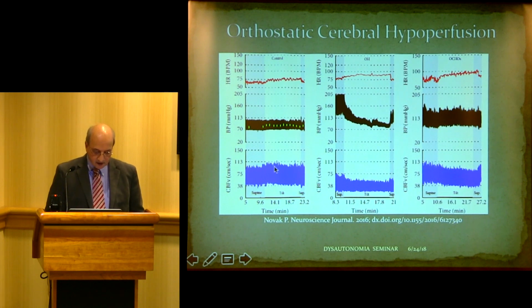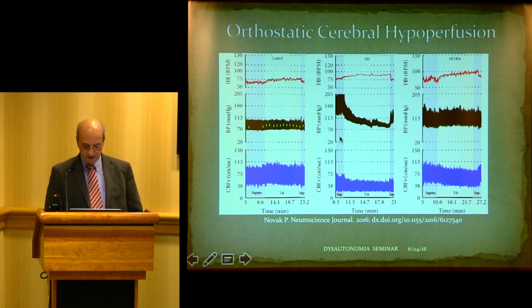This is perfusion, this is the blood pressure, this is the heart rate. Now, here's a typical person who dropped their blood pressure, dropped their cerebral perfusion, and had a positive tilt test for neurally mediated hypotension.